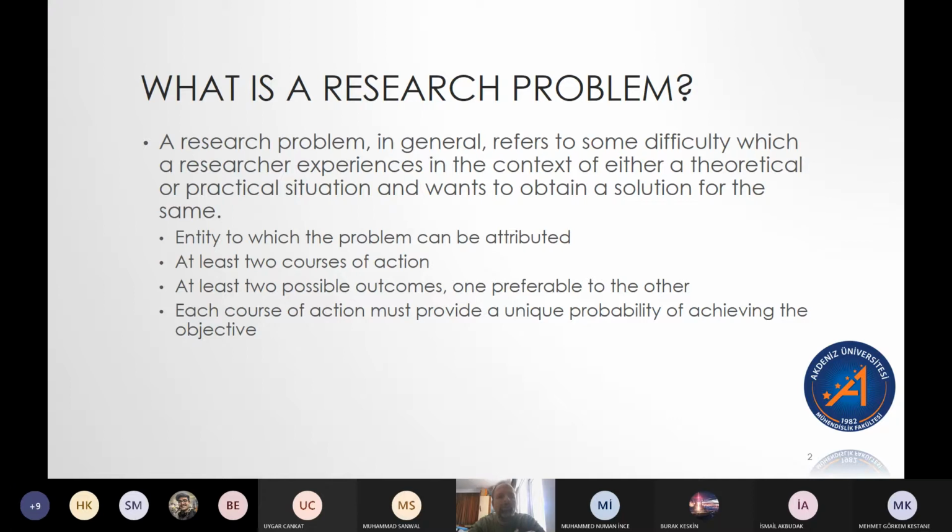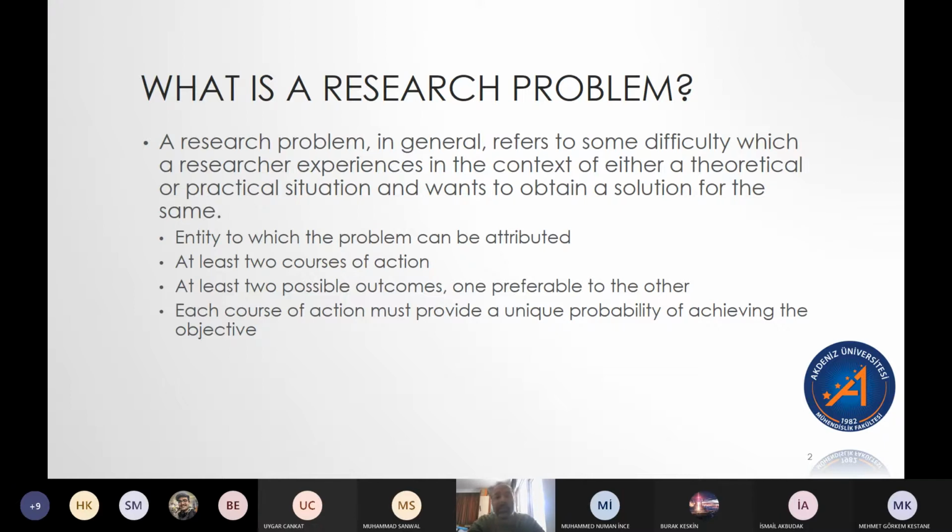If we've decided which outcome is preferable, and one course of action has a certain probability of achieving the objective, and the other course of action has the same probability, then again, we could just flip a coin. There is no problem there, right?